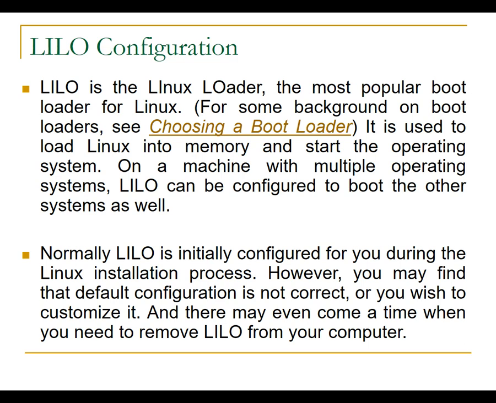Normally Lilo is initially configured for you during the Linux installation process. However, we may find that the default configuration is not correct, and if we wish to change anything, we can change the Lilo configuration by visiting the specific drive and the folder available in the configuration folder.